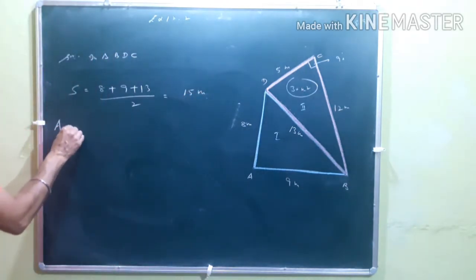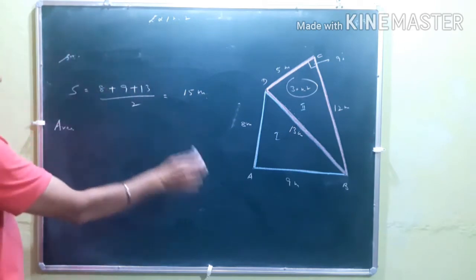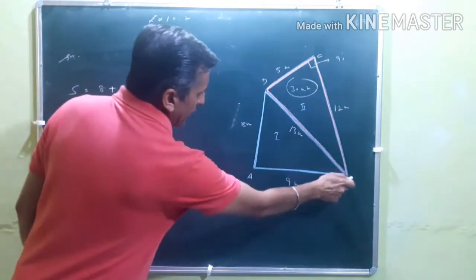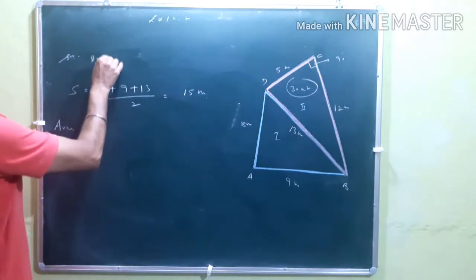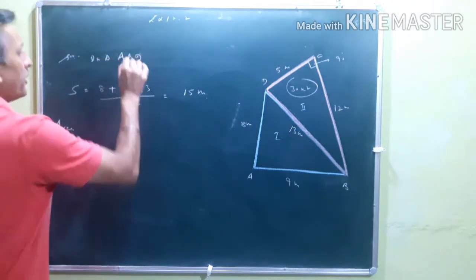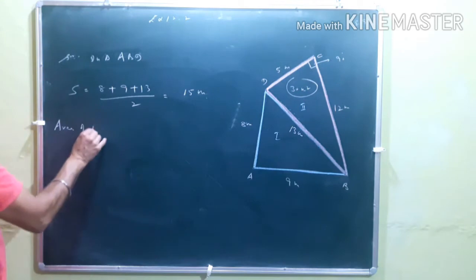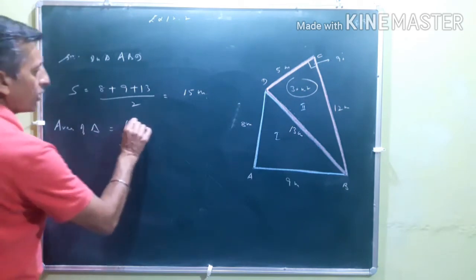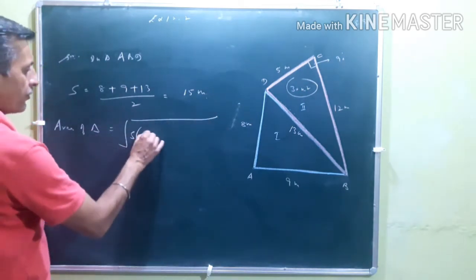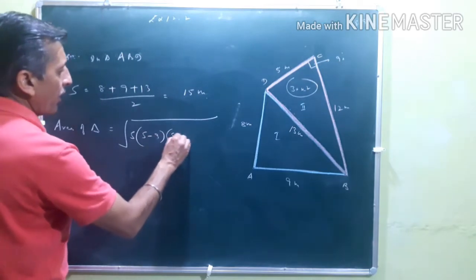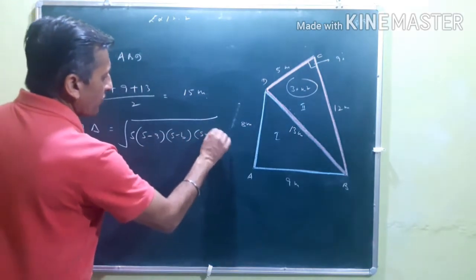So the area of the triangle is equal to, now what was the triangle? That's your ABD. So this is triangle ABD. The area of triangle ABD is equal to, under the root, as you know, S into (S minus A) into (S minus B) into (S minus C).